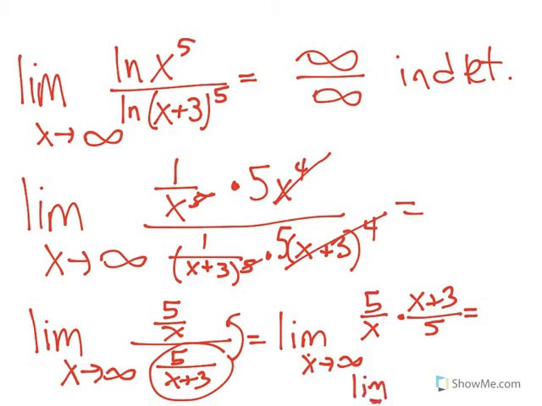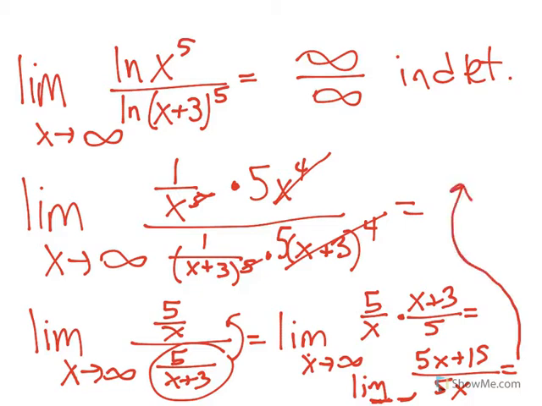The limit as x approaches infinity of 5x plus 15 over 5x. If I substitute, I still get infinity over infinity. So I'll L'Hopital this one more time, and I get the limit as x approaches infinity of 5 over 5, which equals 1.